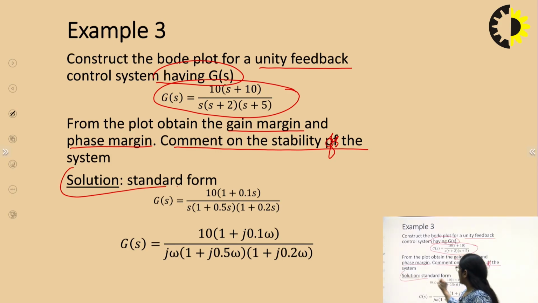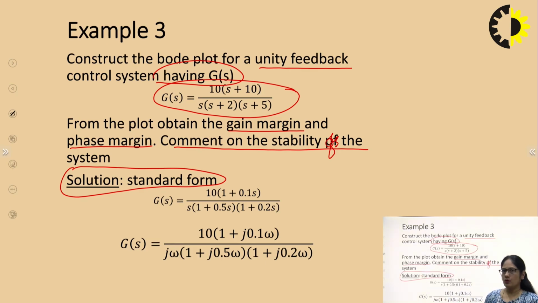As it is known, to sketch the Bode plot we have to bring it into the standard form, that is 1 plus sT. To bring it into the 1 plus sT form, in this case it is s plus 10, so I take 10 outside here.